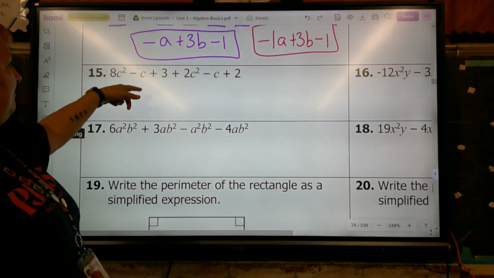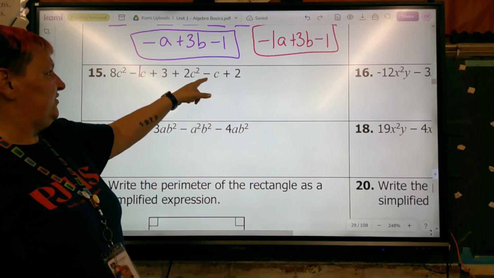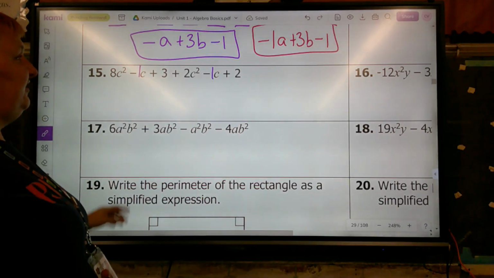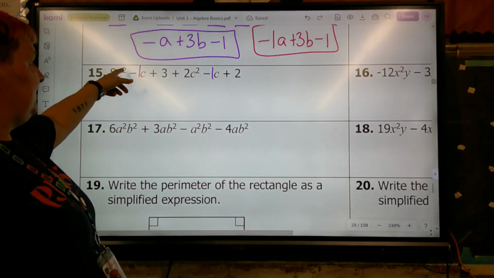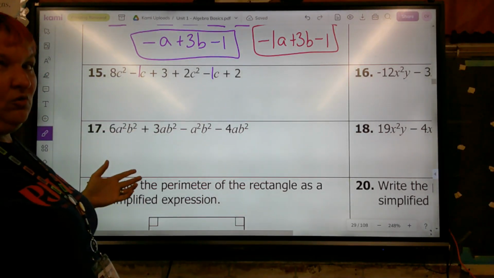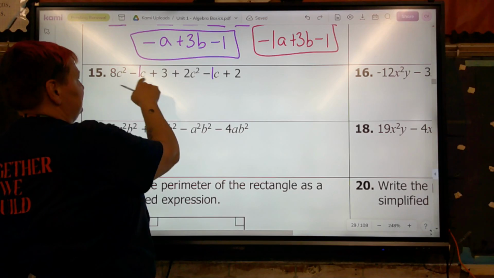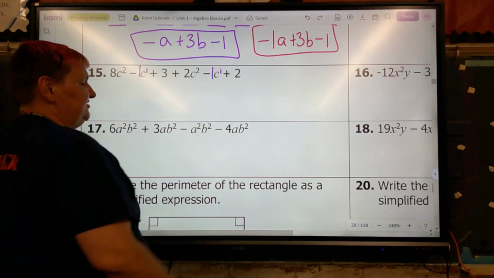8c squared minus 1c plus 3 plus 2c squared minus 1c plus 2. Alright? It's all the same variable, but they're not all like terms because this is c squared, which can only be combined with c squared. Right? So, highest exponent to lowest exponent. These have an invisible 1 exponent.